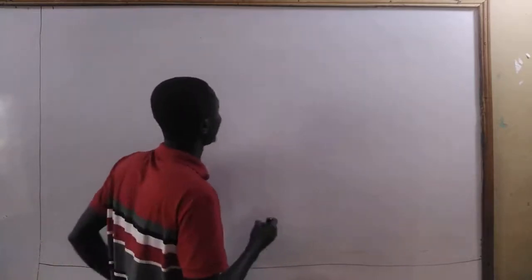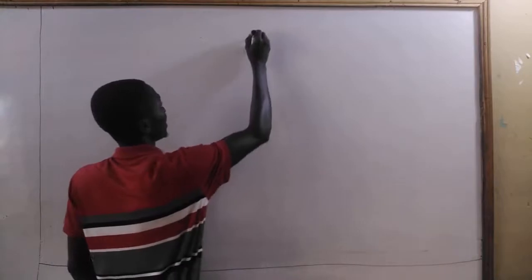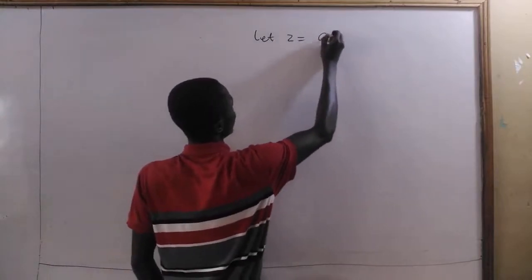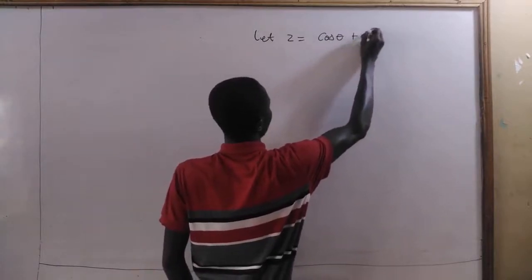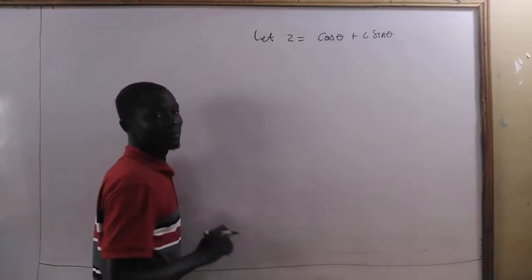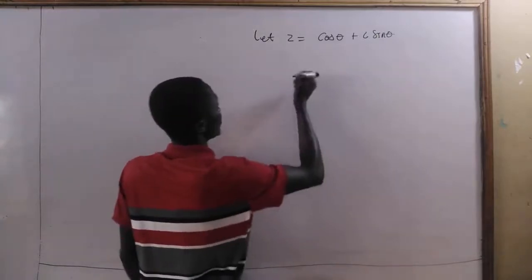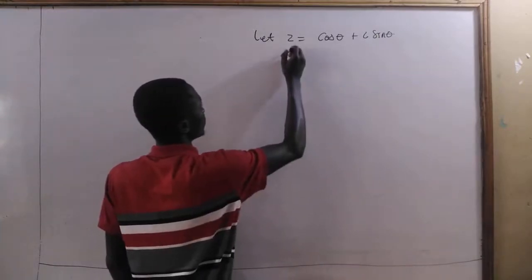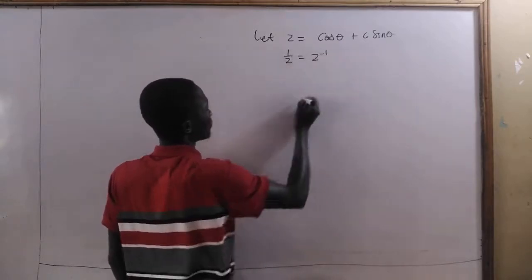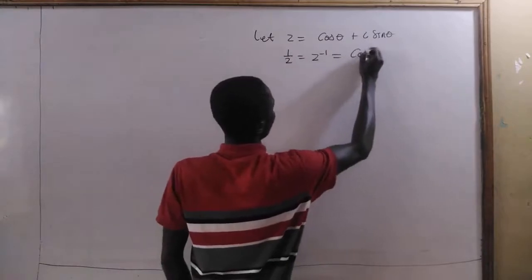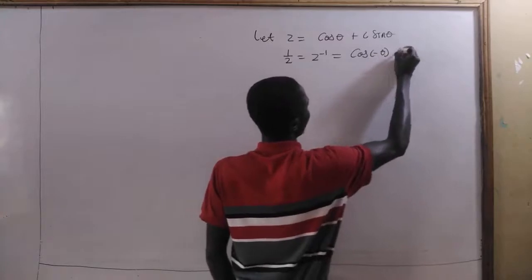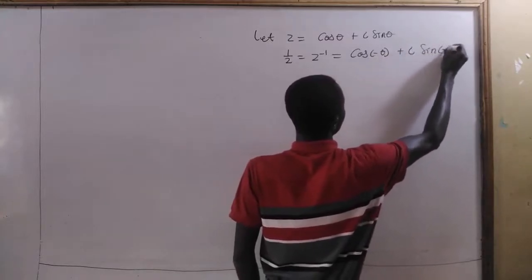From De Moivre's theorem, if we let z equal cosine theta plus i sine theta, and then we take 1 on z, which is z to the power negative 1, we are going to get cosine of negative theta plus i times sine of negative theta.